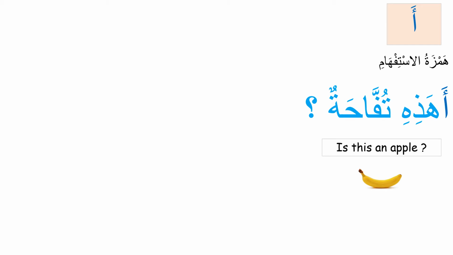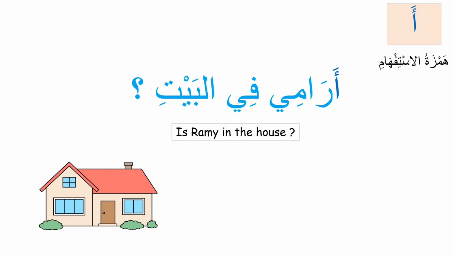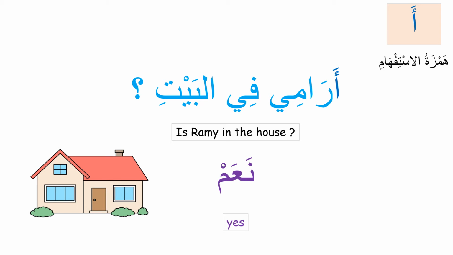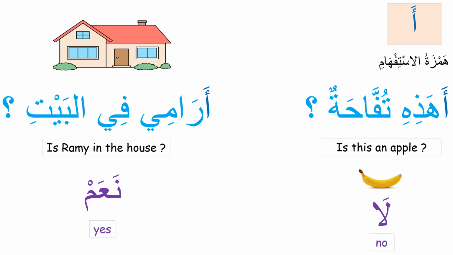So the answer to أهذه تفاحة is لا. And if we suppose that Rami is in the house, the answer to أرامي في البيت would be نعم. So again for both examples, أهذه تفاحة؟ لا. أرامي في البيت؟ نعم.